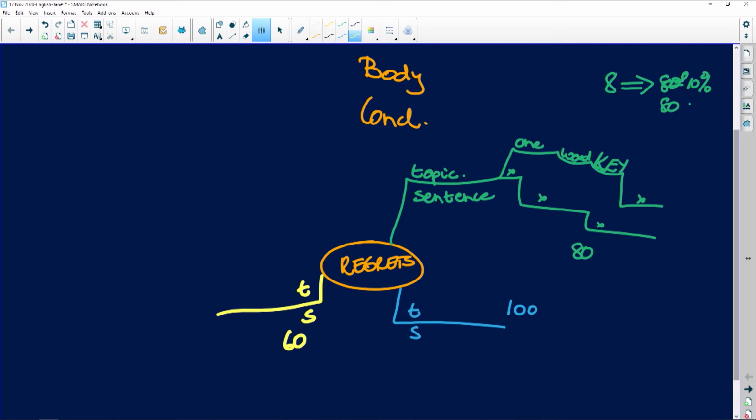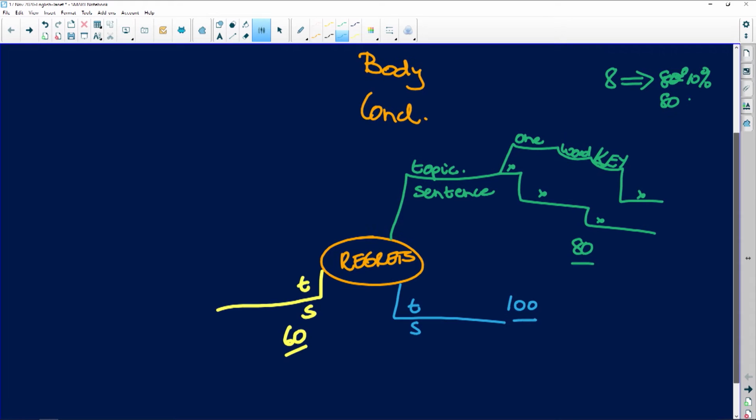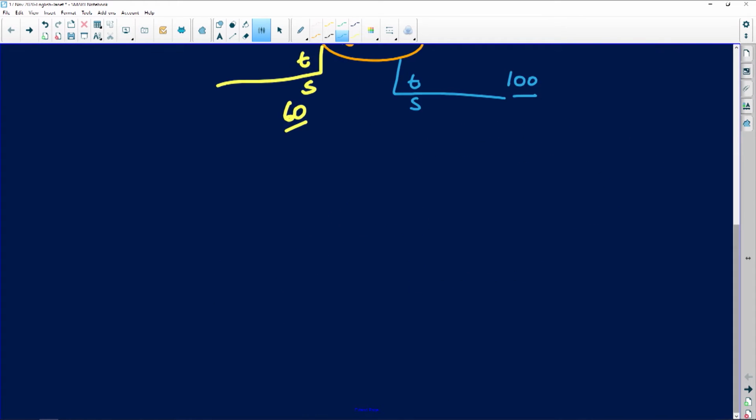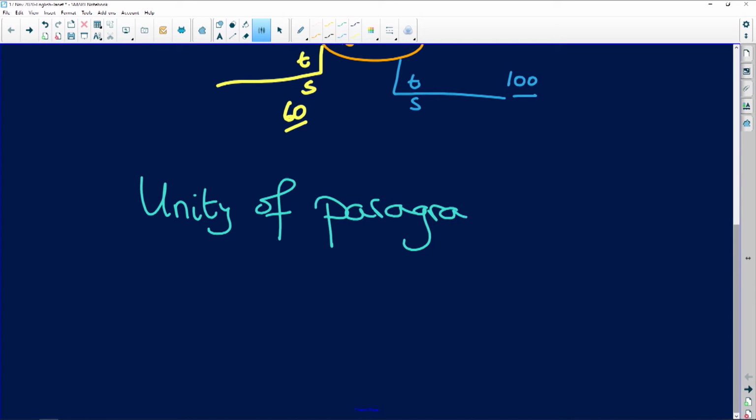So in English, 60 is a short paragraph, 80 is an average, and 100 is long. You shouldn't really have more than 100 words, because you need unity of paragraph structure.